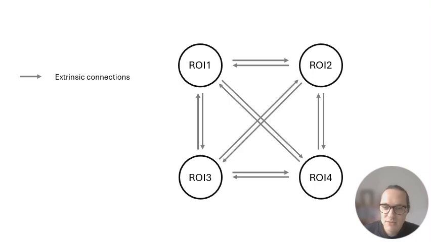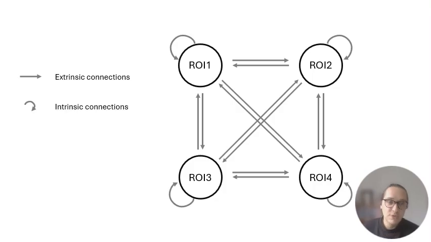And between these regions of interest, you will have defined some extrinsic connections that define how activity in one region is causally influencing activity in another region. You will also have some within region or intrinsic connections that will act to, over time, quell the activity of a region which is active to avoid kind of runaway positive feedback.